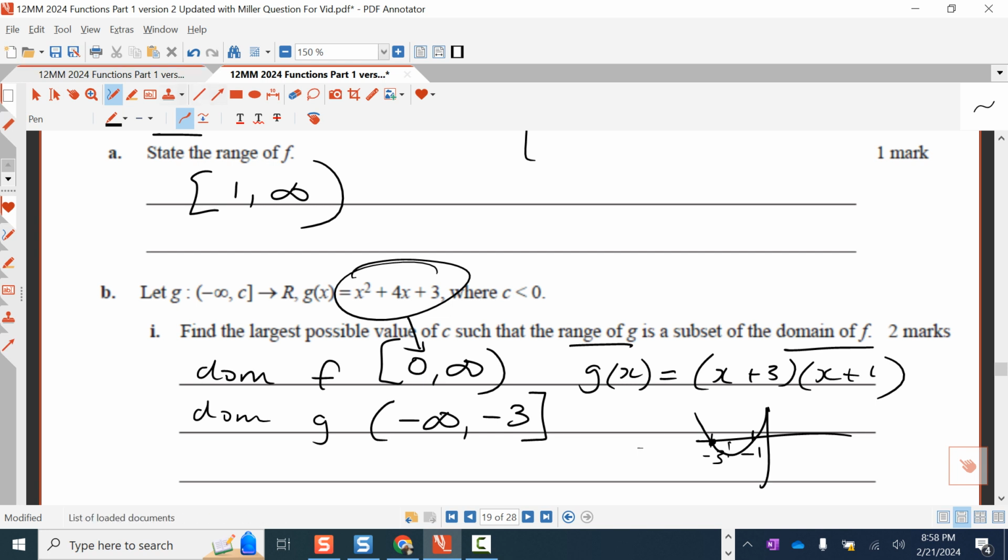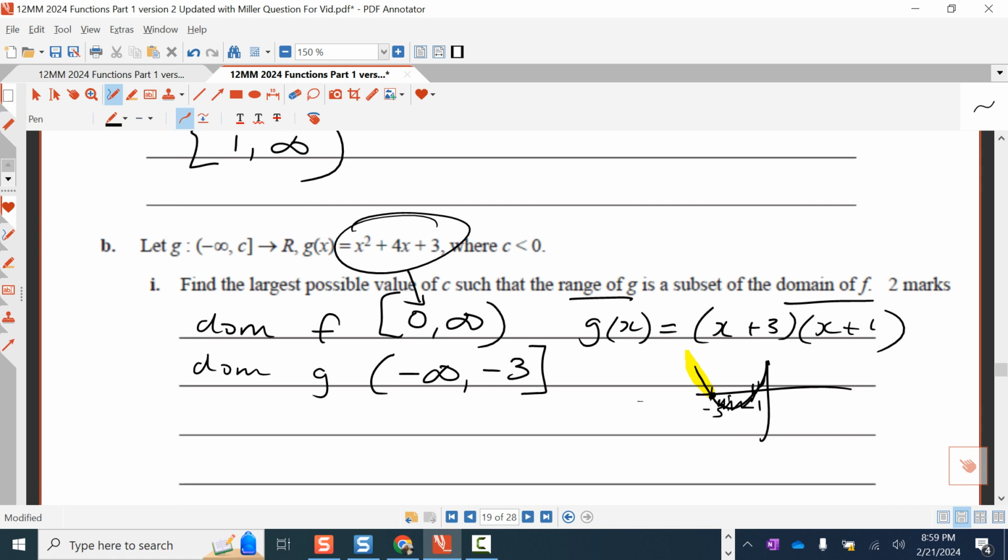Imagine it, all I'm doing is including this part here and not including this part here. You can see the y values are 0 to positive infinity. So it's this domain restriction that'll cause the range to be 0 to positive infinity. So, state the largest possible value of c. We're going to formally state that as c equals negative 3.